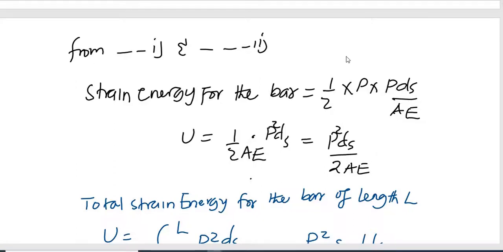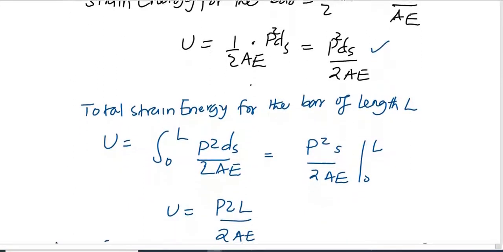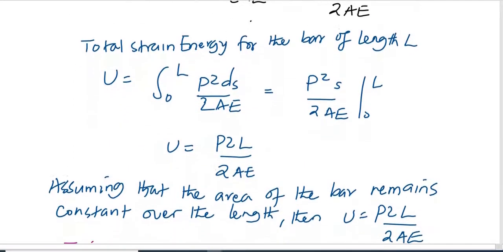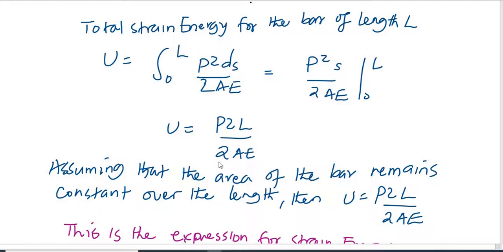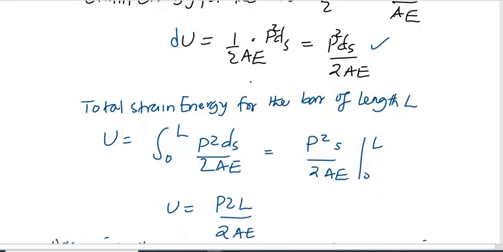Therefore, U will equal P squared ds divided by 2AE. The total strain energy for the bar over the entire length L is found by integration. Actually, I can call this one dU, the small strain energy, so that to get the total energy we integrate that dU.